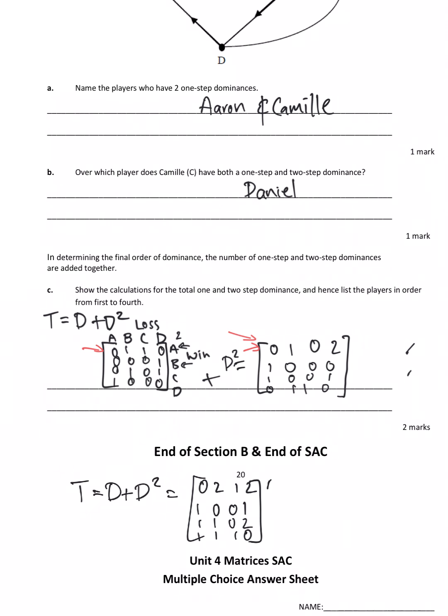If you add up those rows, that'll be their total number of wins. Aaron had 5, Beatrice had 2, Camille had 4, and Daniel had 3. So the key part, list the players in order from first to fourth. First is Aaron.